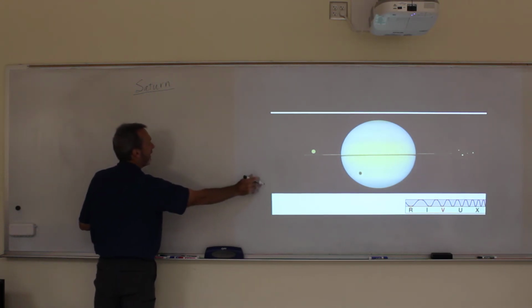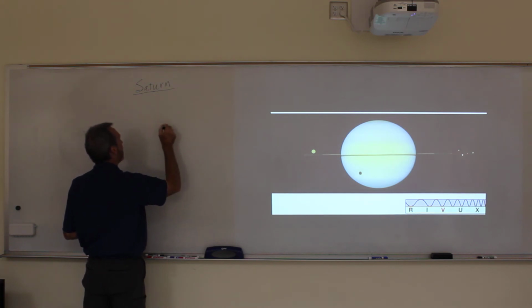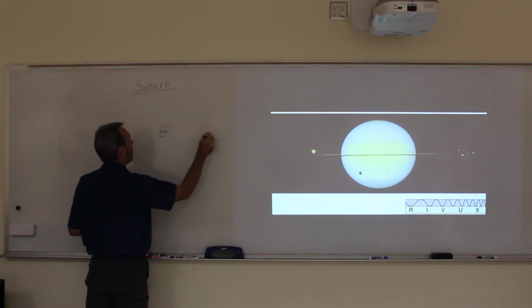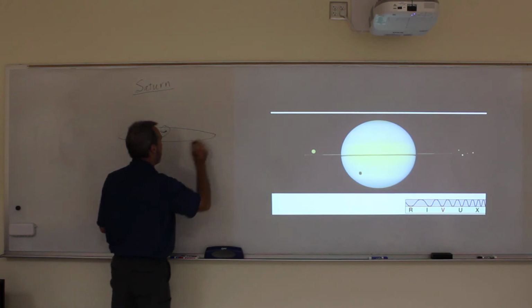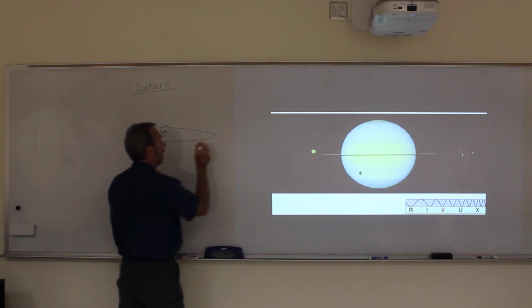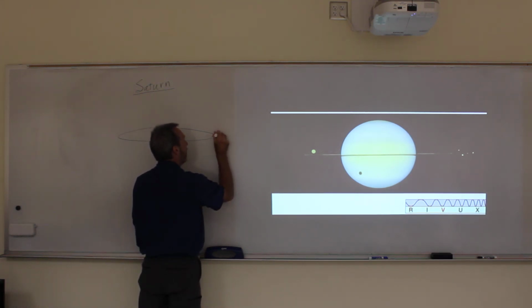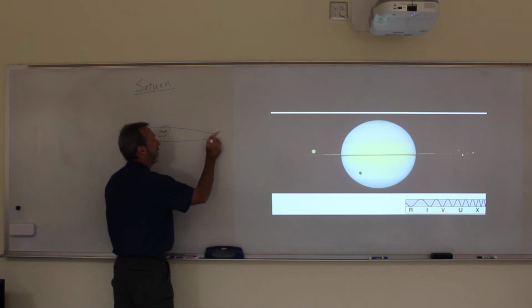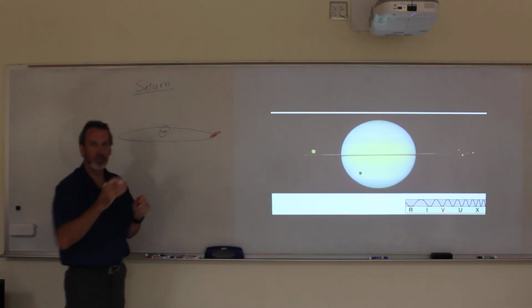But what happens is this. Here is the sun. Here's Saturn's orbit around the sun. As Saturn goes around, it has the rings like this. It has a tilt. Okay?